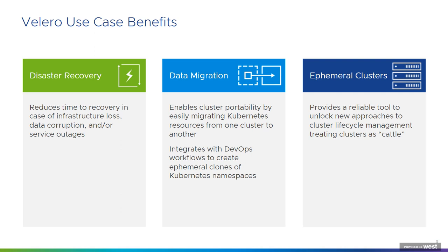The data migration use case that we talked about also enables cluster portability to easily migrate from one Kubernetes cluster to another. And it integrates with DevOps workflows to allow you to have ephemeral clones of your namespaces. If you're working in a team of developers working on a similar application, they can easily snapshot and have complete copies of the development workspace common across all of the developer teams.